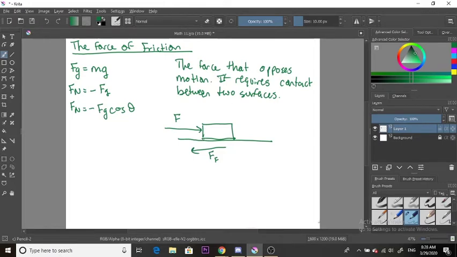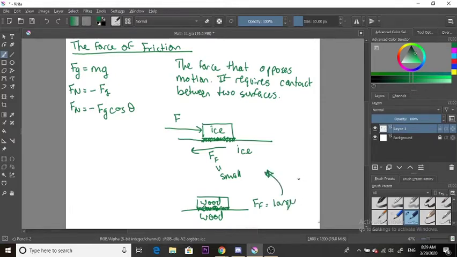Now, friction is determined by the contact between these two surfaces. If this was a block of ice and this was a surface of ice, there would be a very small amount of friction. Now if we had a block of wood on a wood surface, this is much more rough, so your friction force would be significantly larger than this example.